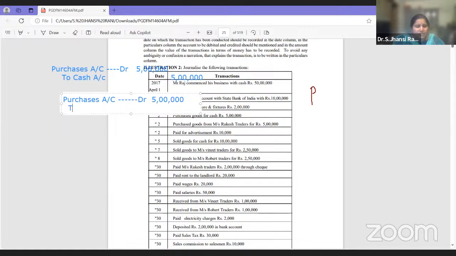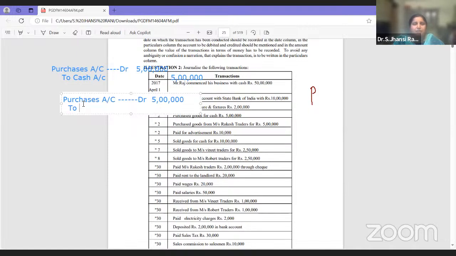To whom? Who is giving me? Here I'm not giving cash. Why? Because if you look at here, it is not said that any cash payment is done. He's only telling we purchased from Rakesh. So who is the giver? Rakesh is the name of a person. It comes under personal account. So as per the personal account rule, debit the receiver, credit the giver. He is the giver to me, because I am purchasing. I mean my business, I am Raj and it's my business.